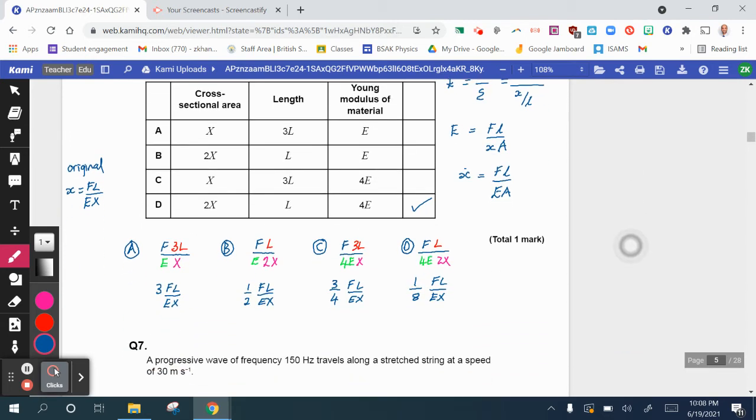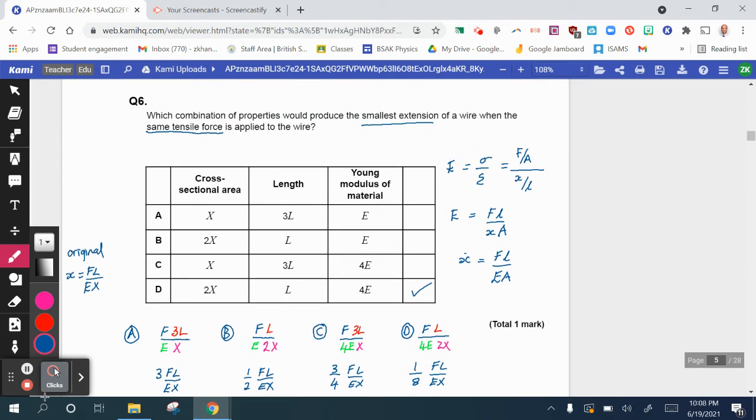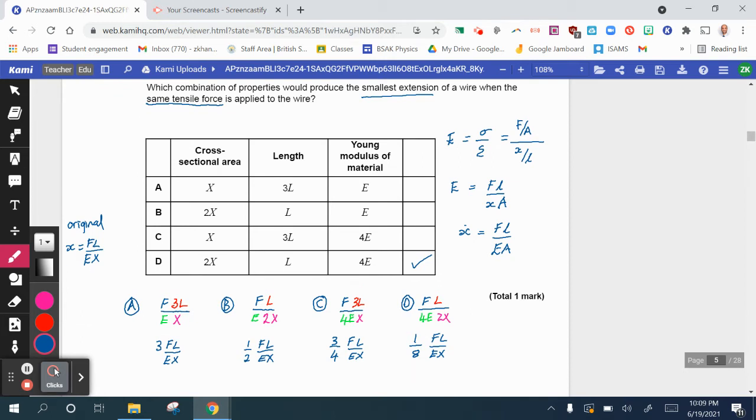Okay, so where are we going to see that? The original, that's what we start off with. F is the force, we'll just say it's a tensile force. They haven't used a letter for this, so we use the general term F. L is the original length.